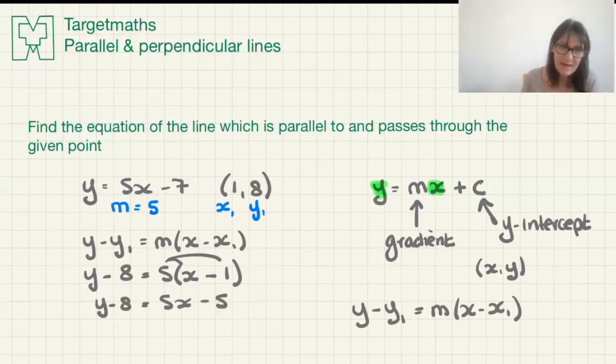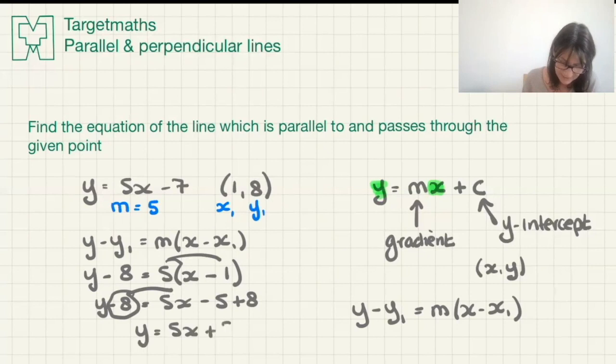Now I just need to get rid of that -8 to get y on its own. So -8 will come along and land as +8. So I've now got y = 5x - 5 + 8, which is +3. And that is the equation of the line which is parallel to this one, and that passes through the point (1, 8). y = 5x + 3.